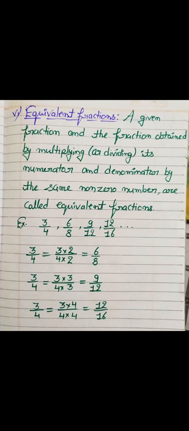Now, how do we get this? When we multiply the numerator and the denominator of 3 upon 4 by 2, we get 6 upon 8. If we multiply by 3, we get 9 upon 12, and if we multiply by 4, we get 12 upon 16. When we simplify these, we get 3 upon 4.